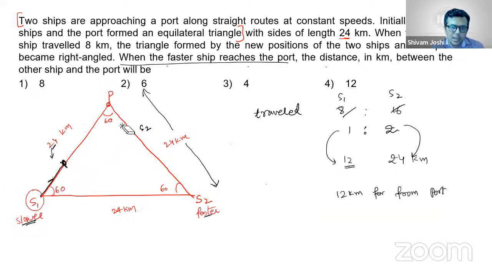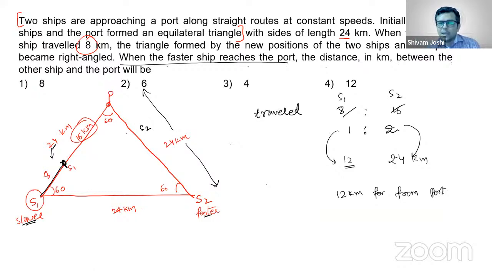S1 is slower, S2 is faster. They start simultaneously. By the time S1 covers 8 kilometers, the remaining distance for S1 is 24 minus 8. So can we write this as 16? Correct. S2 is able to make a right angle triangle. Now that is very important data.